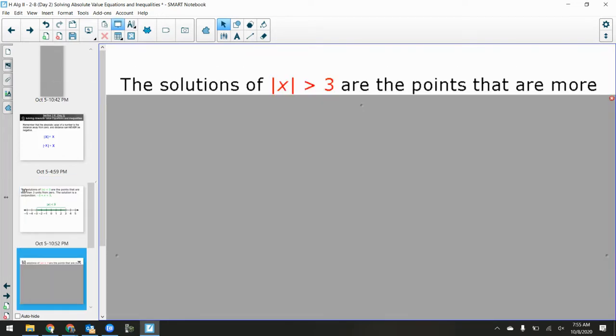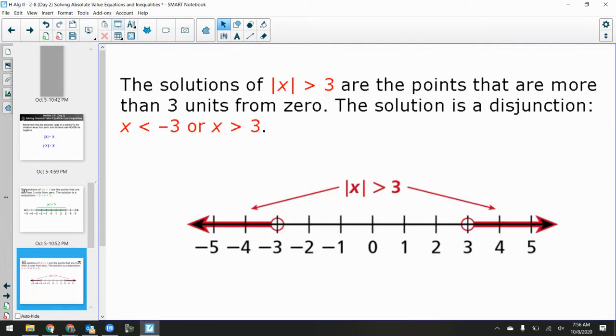On the opposite side of that, if I had the absolute value of x is greater than 3, that's saying I want distances greater than 3 away from 0. Well, that would mean I want 4, 5, 6, 7, negative 4, negative 5, negative 6, negative 7. 1, 2, none of those would work because those would have distances less than 3 away from 0.